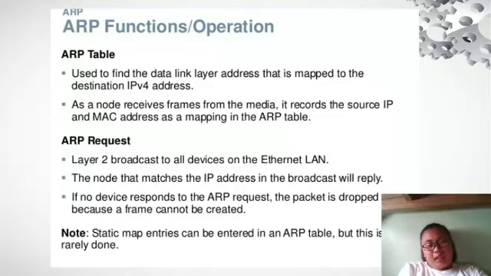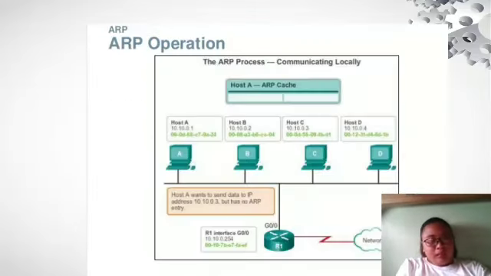The node that matches the IP address in the broadcast will reply. If no device responds to the ARP request, the packet is dropped because a frame cannot be created. The figure shows the ARP operation, the ARP process for communicating locally.